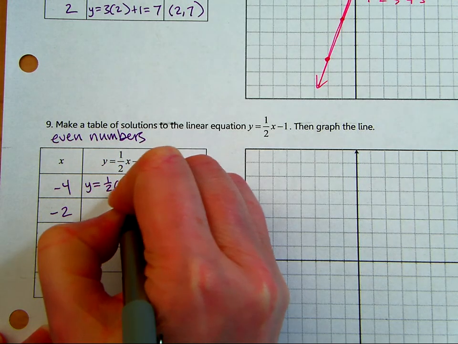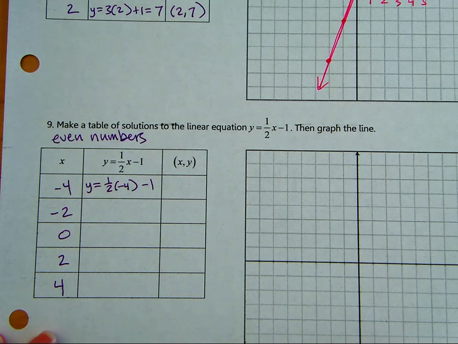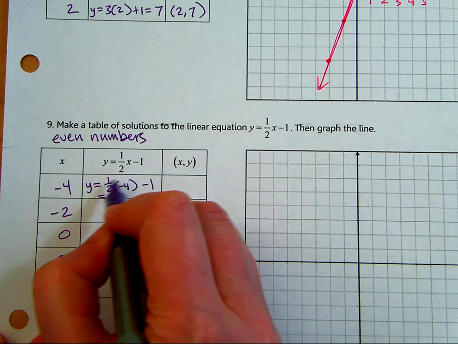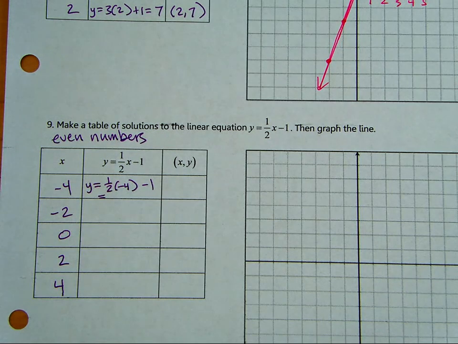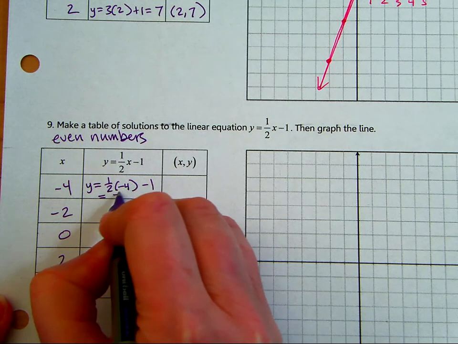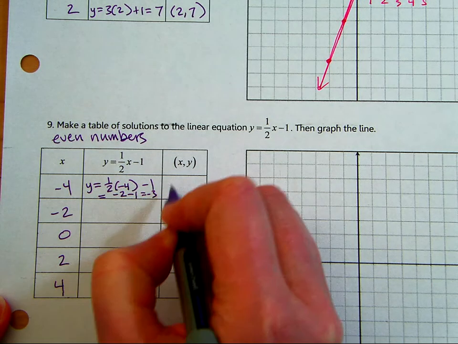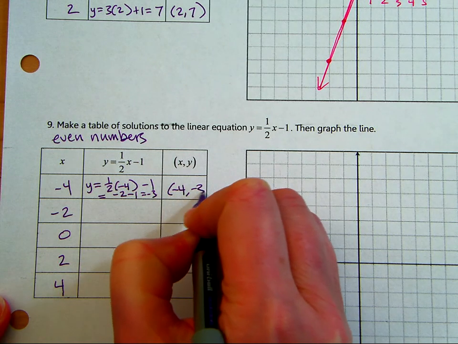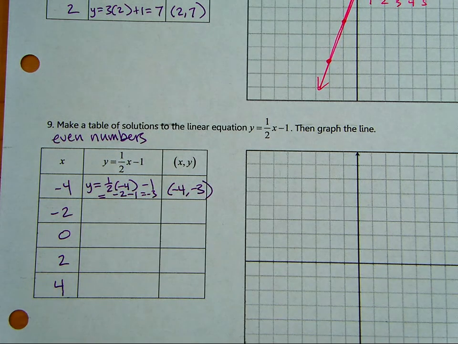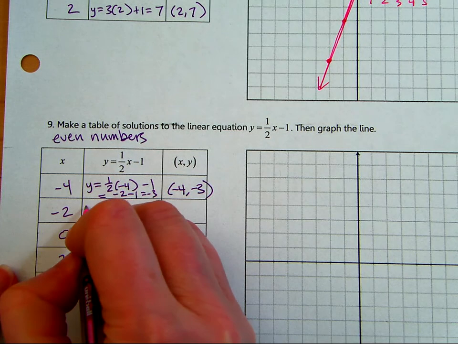1/2 times -4 minus 1. What's half of -4? -2. So -2 minus 1 is -3. So -4 comma -3. Try to practice those fractions in your head.